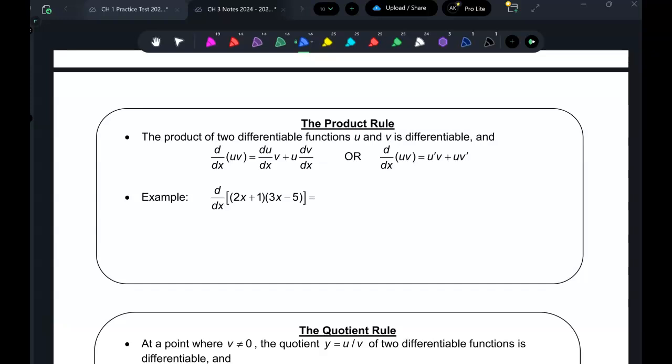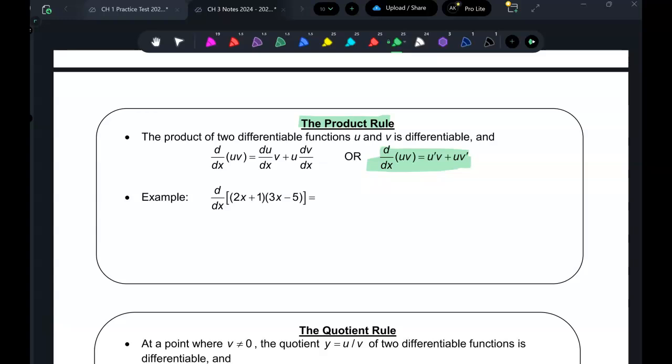The quotient rule has a nice little rhyme to it. I don't have anything fancy for the product rule. I like this form. These are the same thing, just different formats. If you have two things multiplied together, I can't just do the derivative of one part and the derivative of the other part.